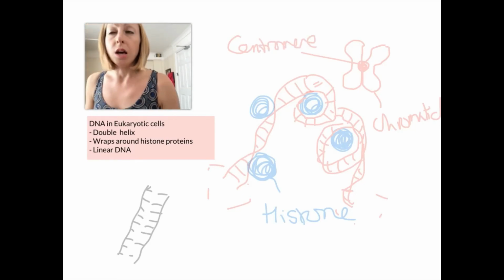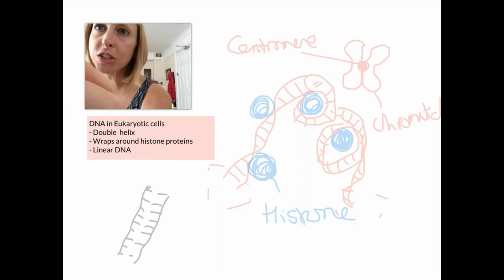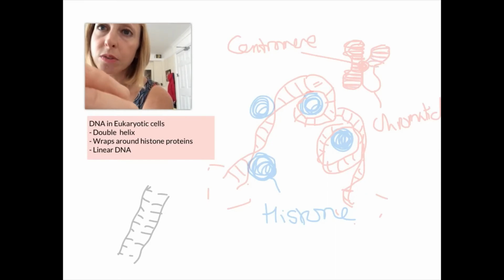If you imagine, this is made up of loads of coiled up DNA. So it's in its double helix and then it's coiled around histone proteins into this structure to make sure it's really, really condensed, nice and tightly.